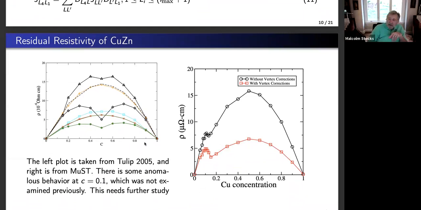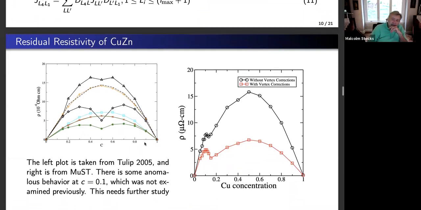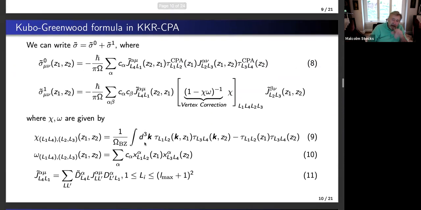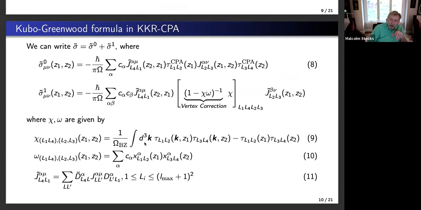Can I ask a question about the coding that you've been doing? Is this true for all crystal structures, or are your codes limited to FCC and BCC, or can you do HCP and rhombohedral? So all of this group theory that you're using to do this integral, is that general?